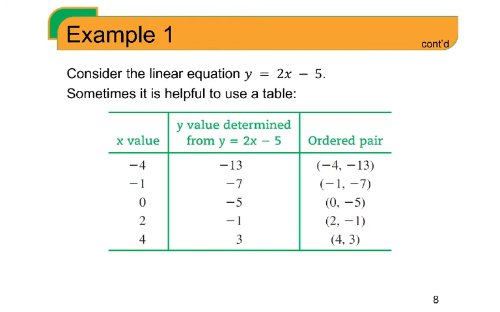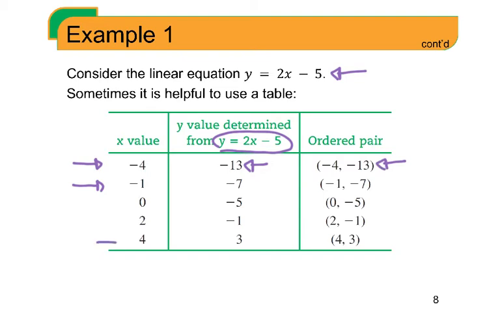Okay, here's another example. It's a linear equation in 2 variables. And oftentimes you might want to set up a table. So let's just talk about what they're doing here. Here, they've chosen these values of x. When x equals negative 4, they plug it in here, and they get the output of y, which gives me this ordered pair.